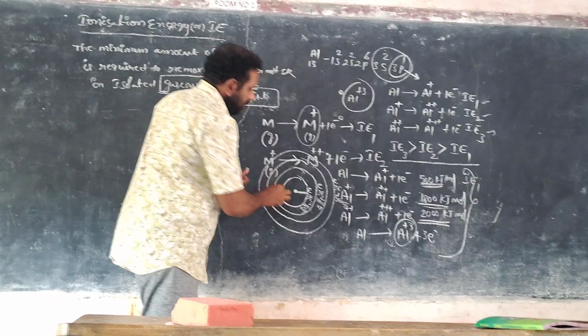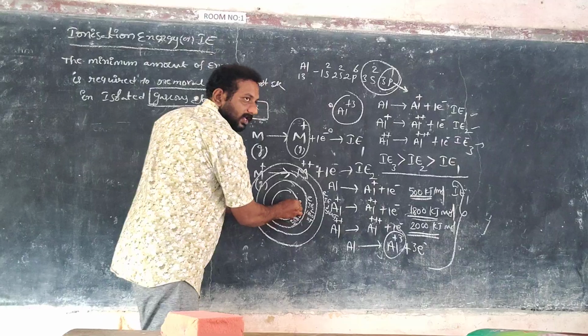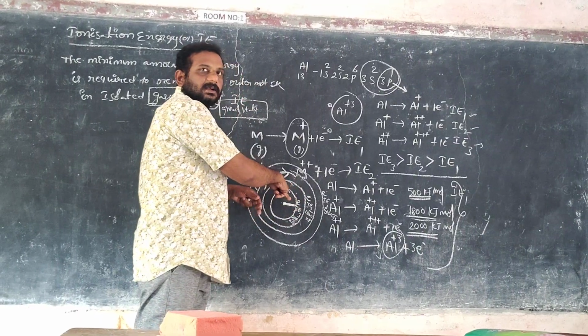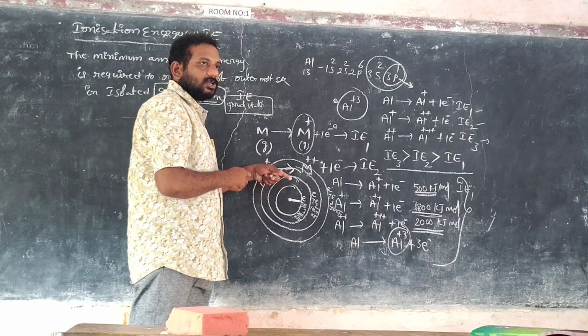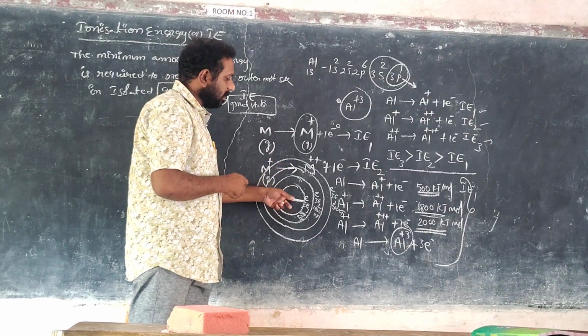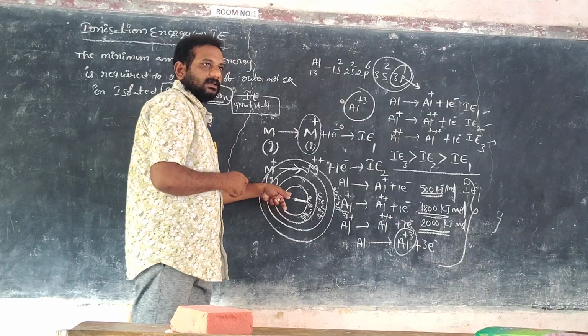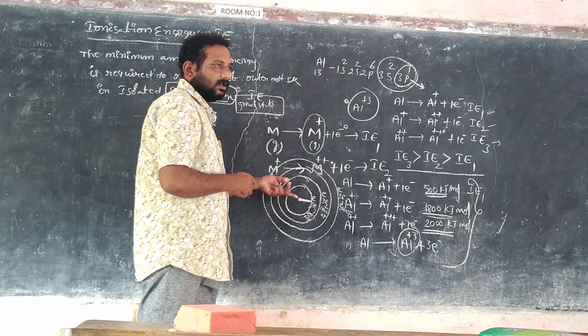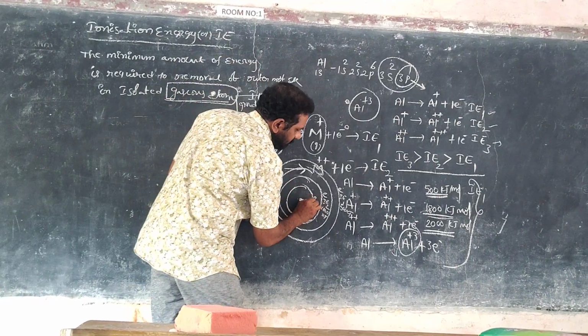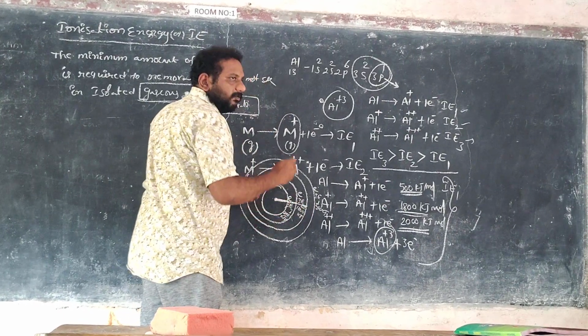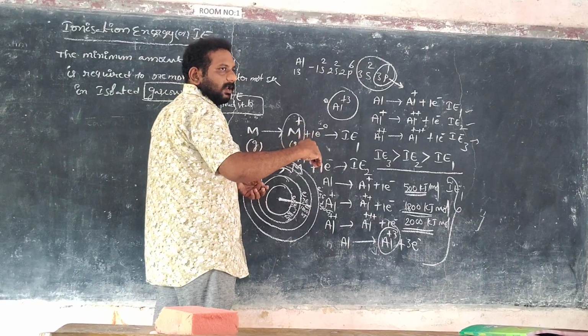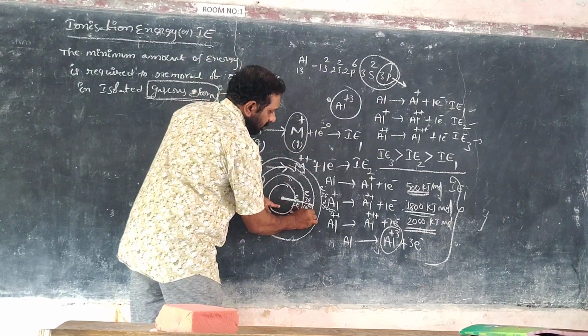The nucleus attraction is very high. If the electron is removed under high attraction, the second ionization energy is very small.